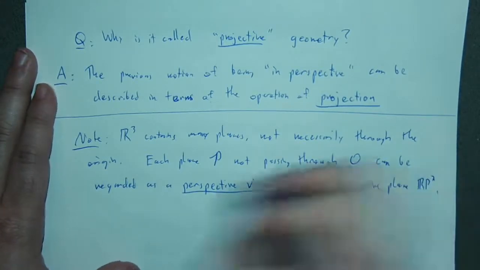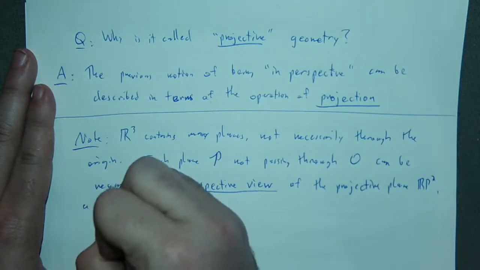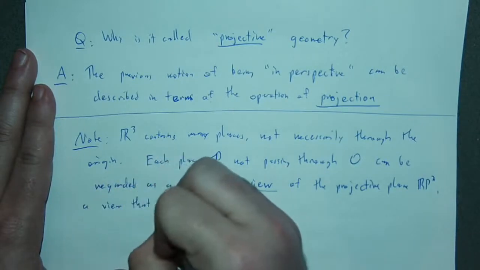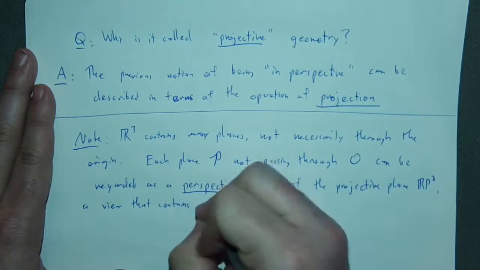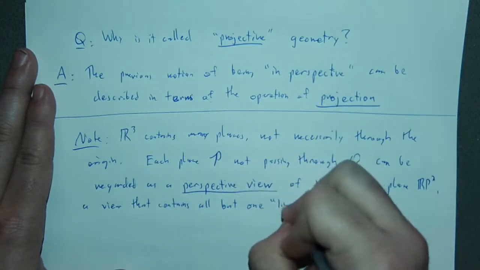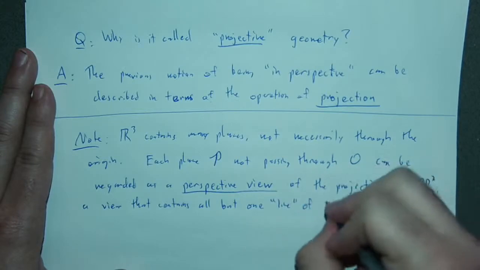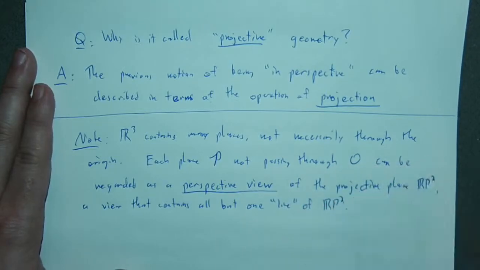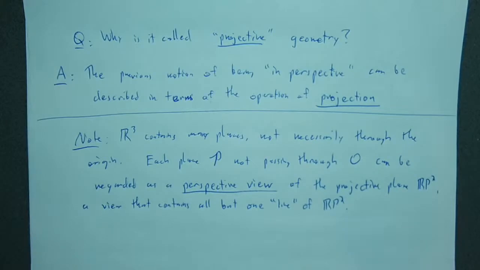right, a view that contains all but one line of RP2. So you might already be thinking, what line would that be?